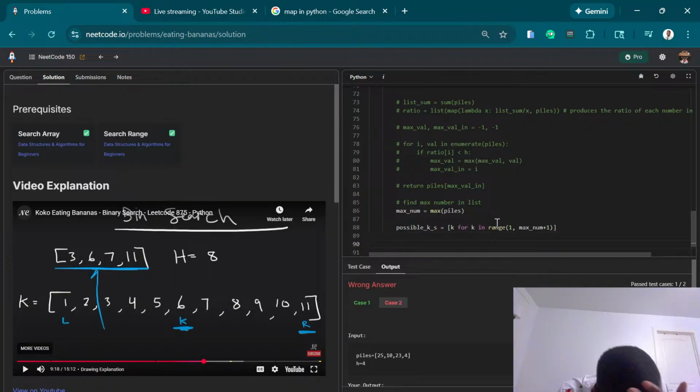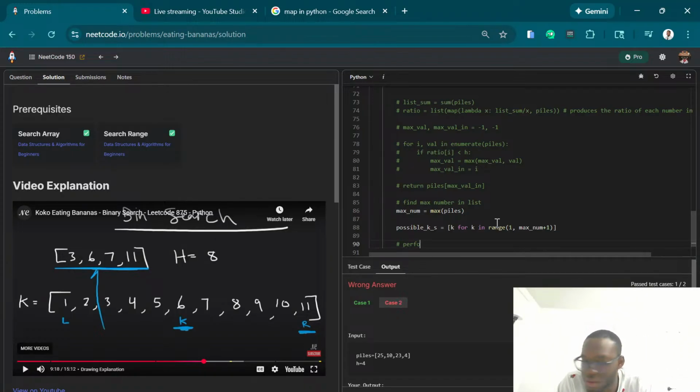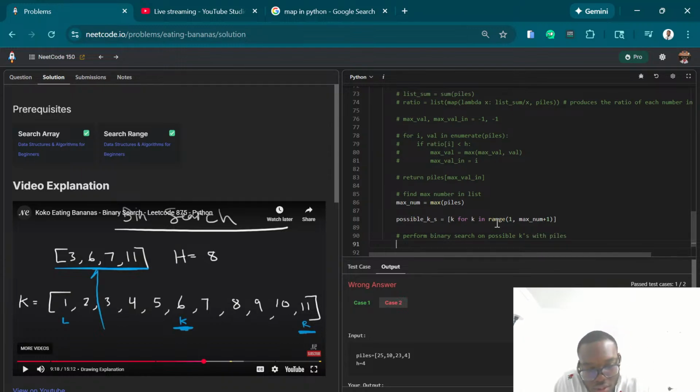So after doing this, we need to then use all of this to perform binary search. So what that means is, maybe this is possible.